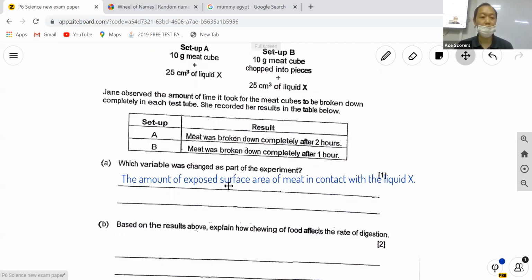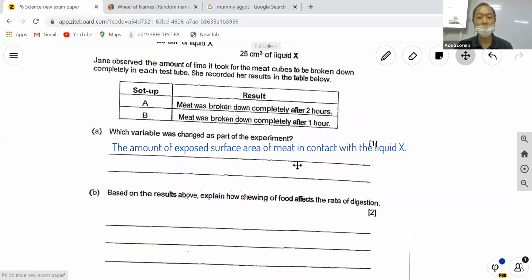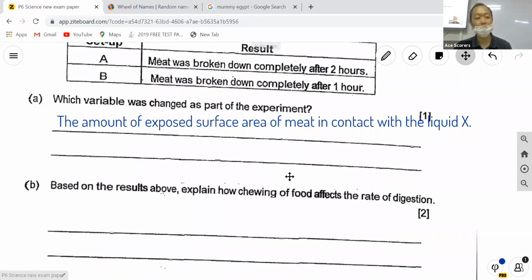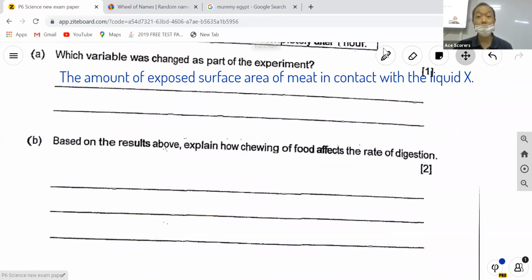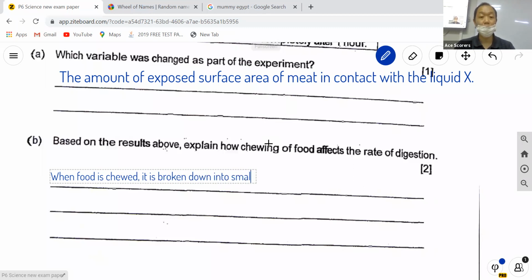This one changes. So how does chewing food affect the rate of digestion? You start with what? When food is chewed, it is broken down into smaller pieces, and what happens? No, there's one more step.